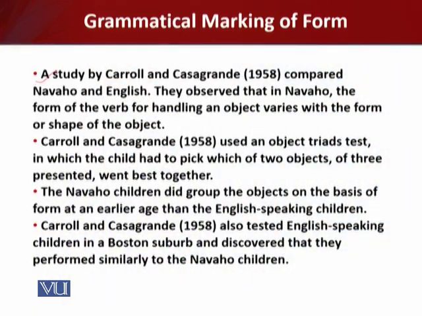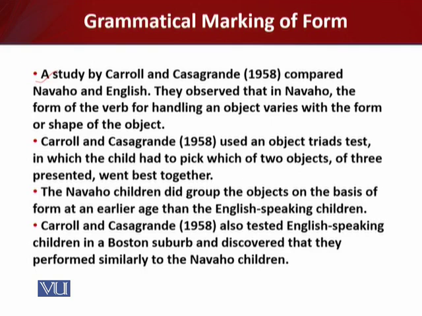Let's look at a study conducted by Carroll and Casagrande. They compared Navajo and English. They observed that in Navajo, the form of the verb for handling an object varies with the shape of the object.